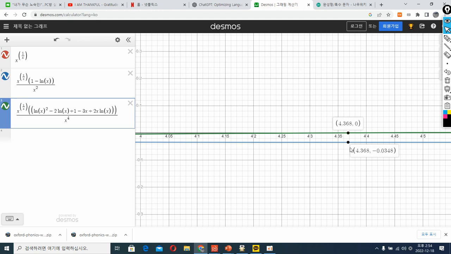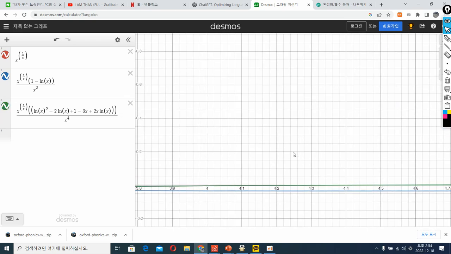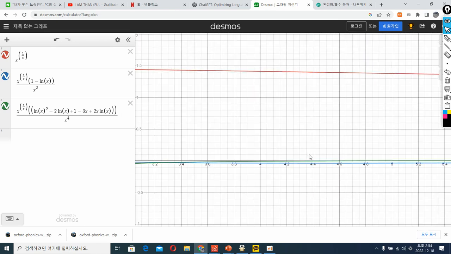And there is another inflection point when x is 4.368. So this means the shape of the original curve changes from concave down to concave up at this point.